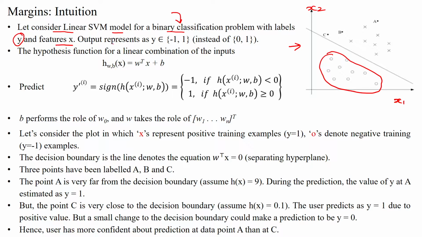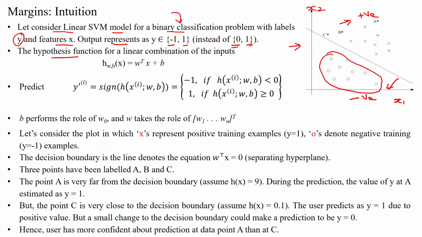Then the output is represented as two classes, a negative class and a positive class. The data below the hyperplane is called the negative class, and the data above the hyperplane is called the positive class, represented as -1 and 1. Sometimes they use 0 for the negative class and 1 for the positive class.